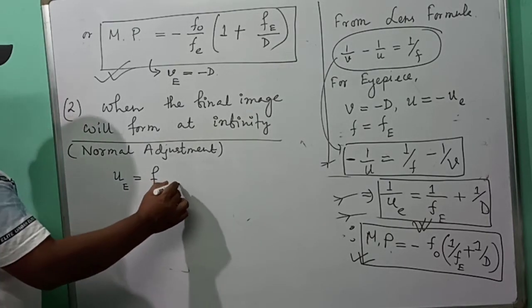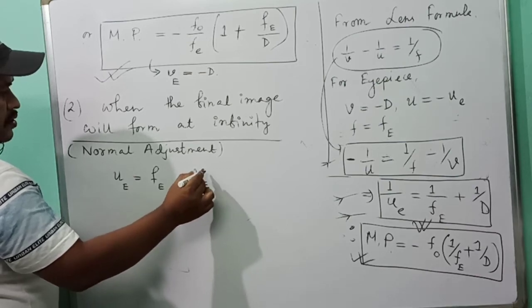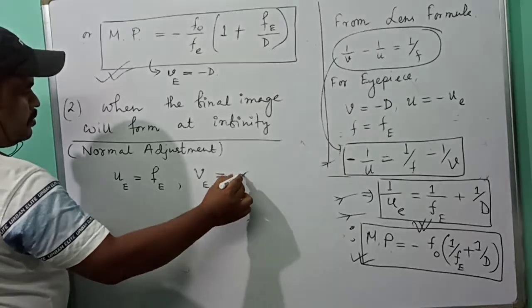And VE, the image distance for the eyepiece lens, will become infinite.